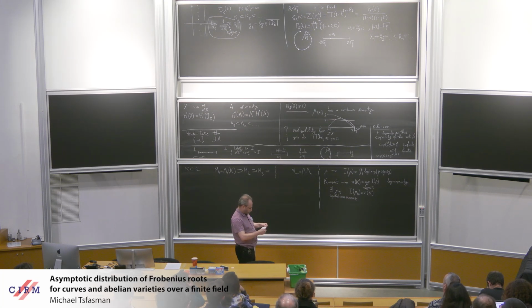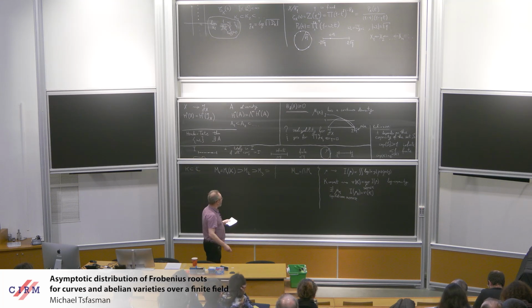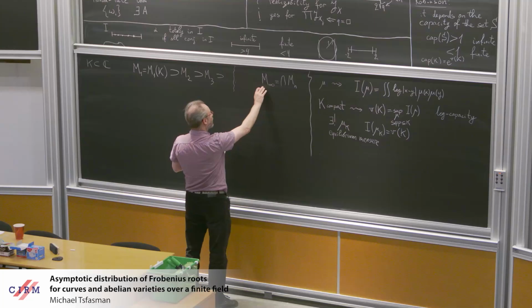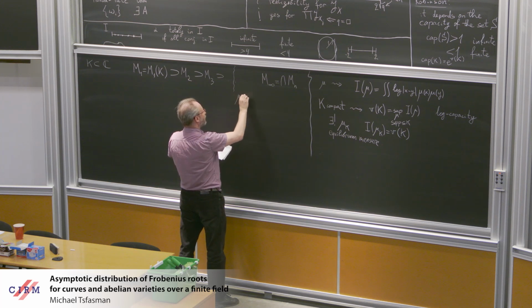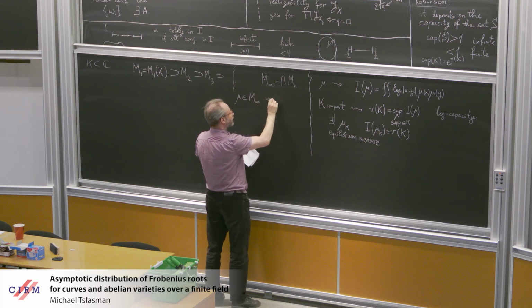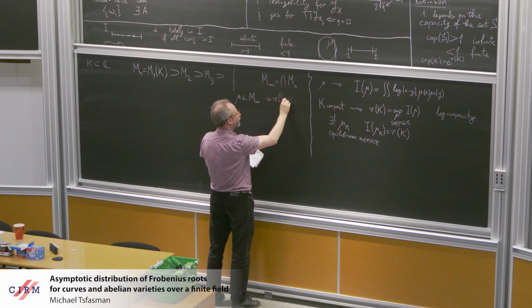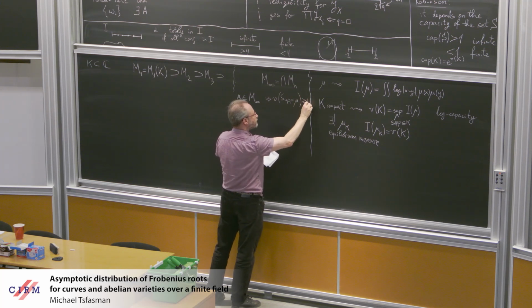Now, what I told you already can be formulated as: if mu is in the class mu infinity, then V of the support of mu is non-negative.